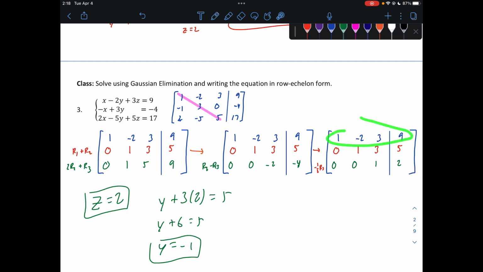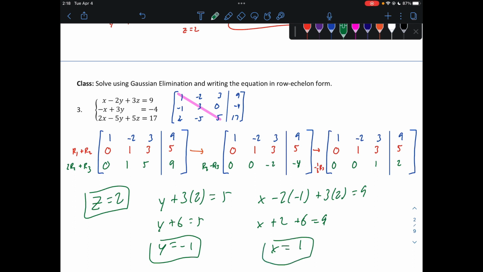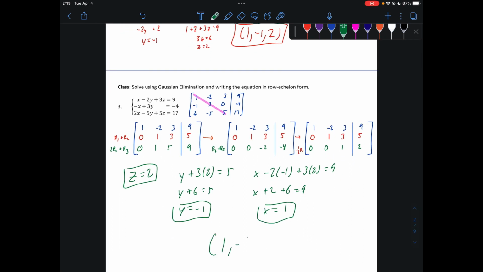And then the top row, 1x minus 2y plus 3z equals 9, so x plus 2 plus 6 equals 9, and x equals 1. So our final answer is 1, negative 1, 2.